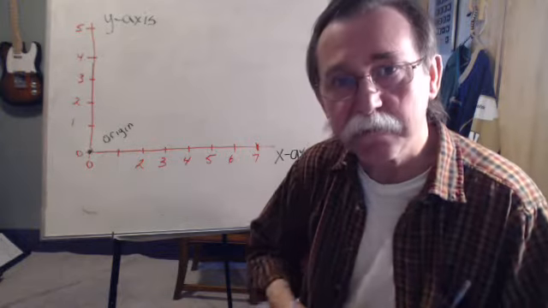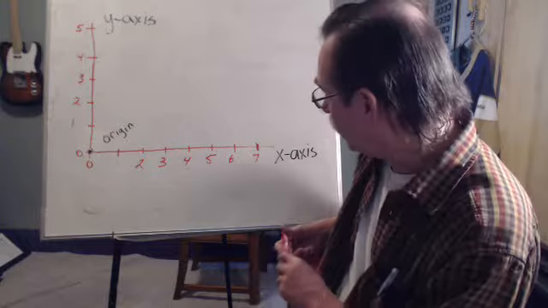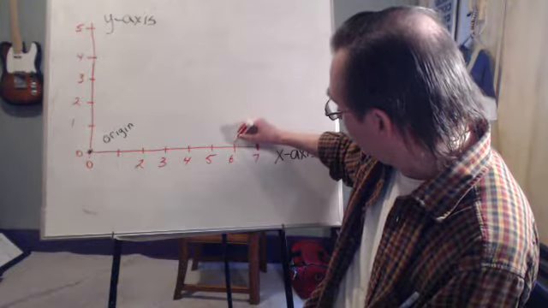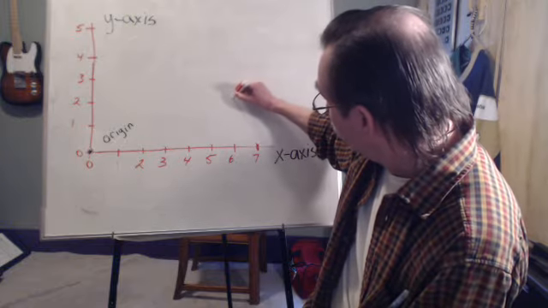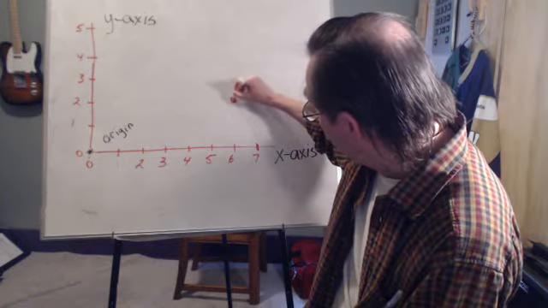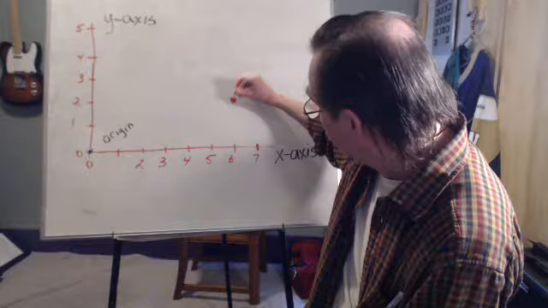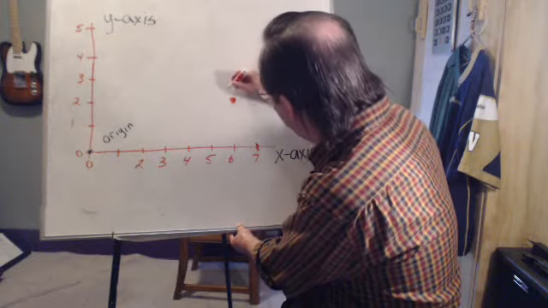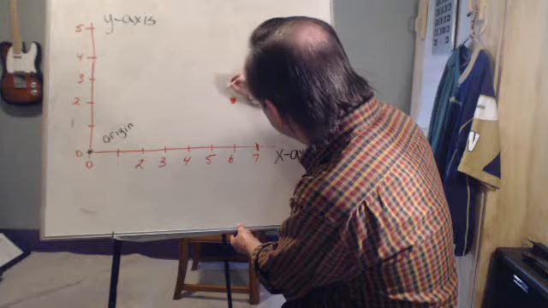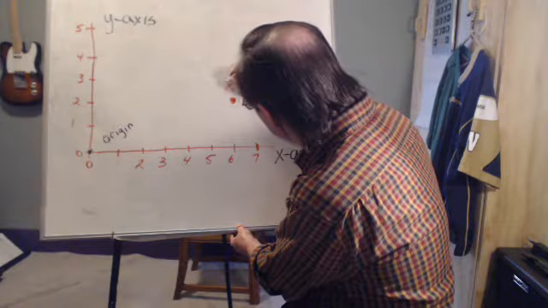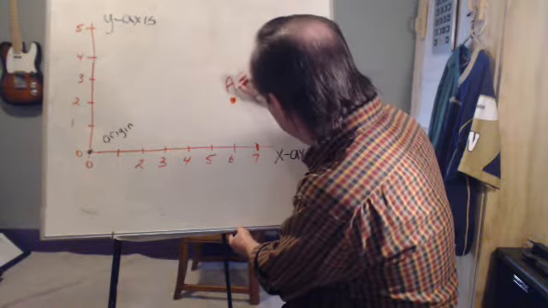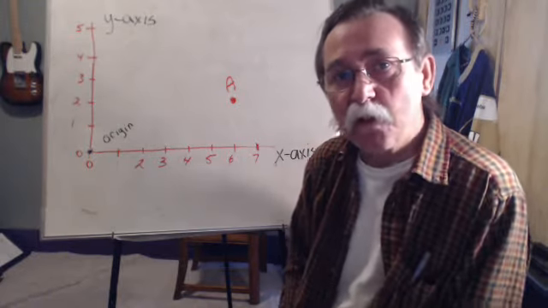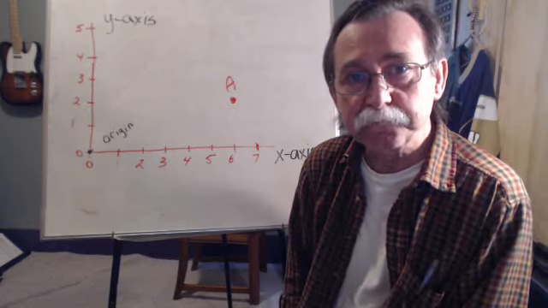I'm going to go up here, at the 6, and up to the 2. I'm going to call that dot the point A.